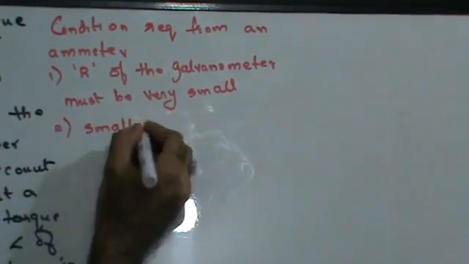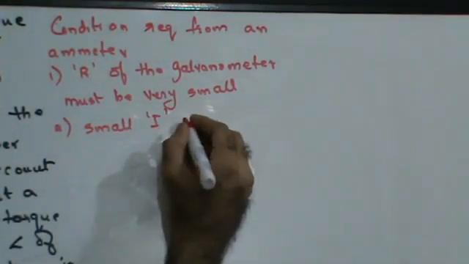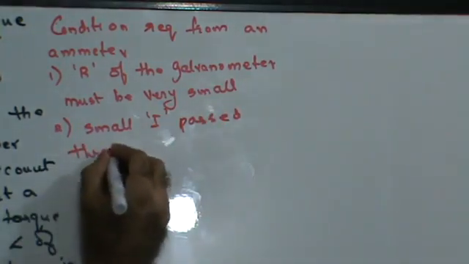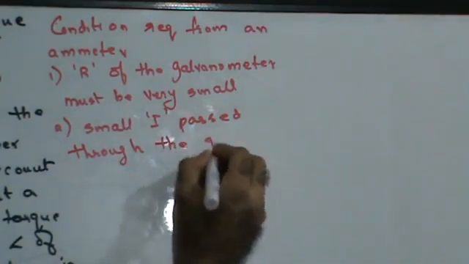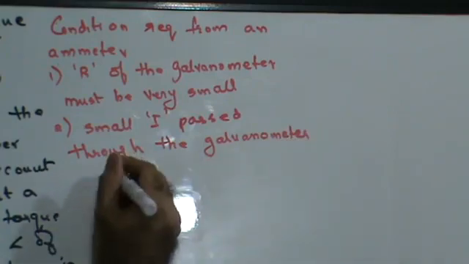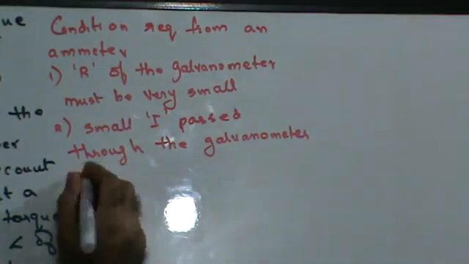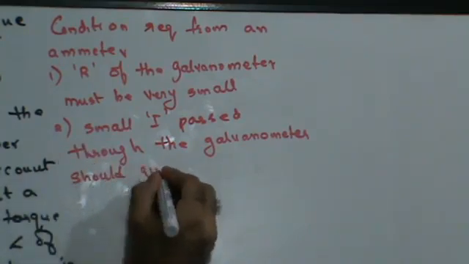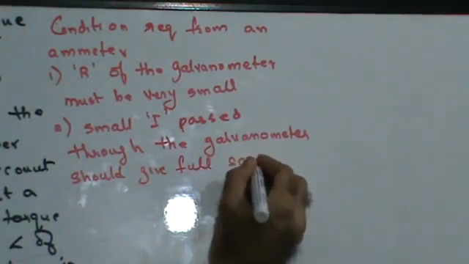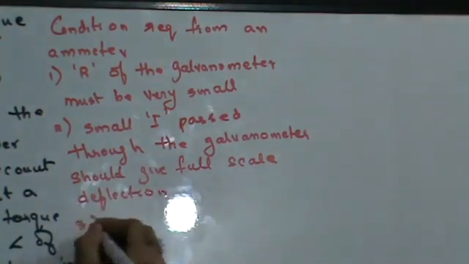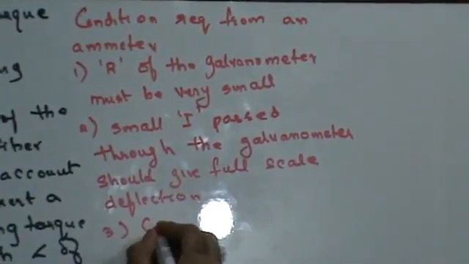Second, a small current passed through the galvanometer should give full scale deflection.